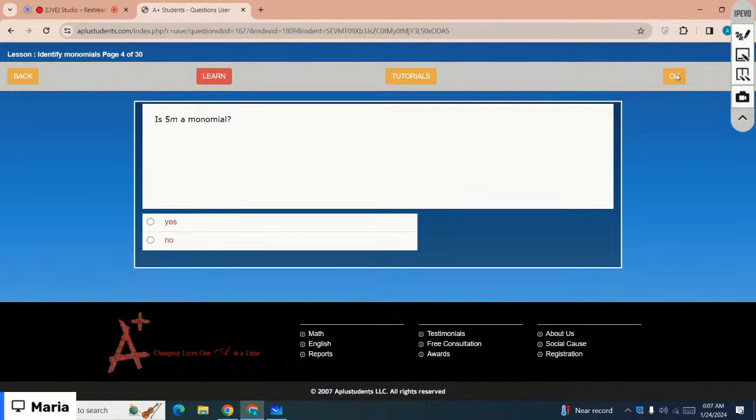The next one is: is 5m a monomial? So which is the correct option? Yes, it is a monomial, right? You have a variable and a number, so yes, it is a monomial.